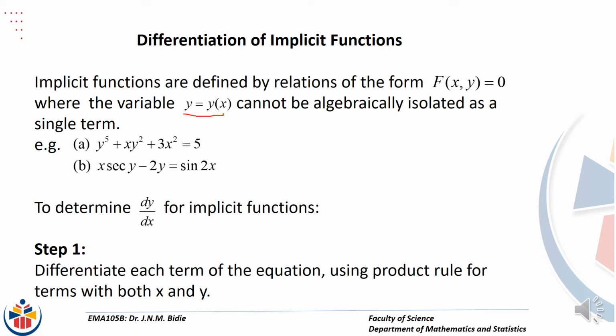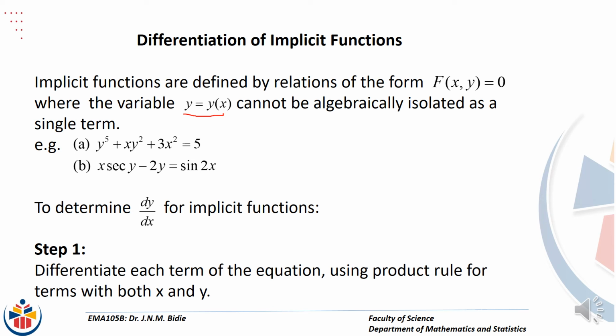The first thing we notice is that y is a function of x. So it means we'll have to use the chain rule. And also when we have a term that has got both x and y, then we have to use the product rule.